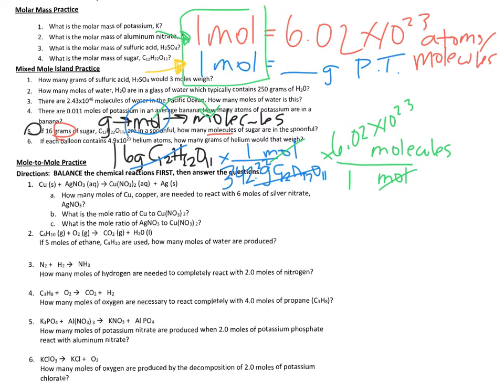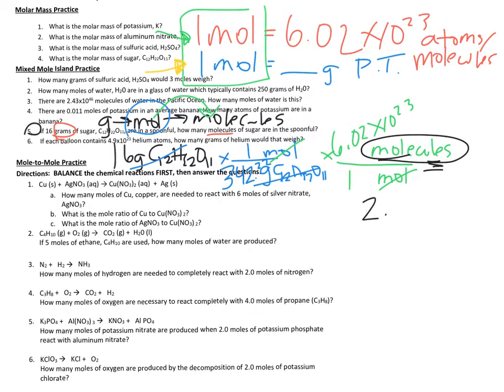So when we do the math, we multiply 16 times 6.02 times 10 to the 23rd, and then we divide it by 342.22. We're going to get a gigantic number because remember we are ending with molecules, so it will be some number times 10 to some power. So let's do that real quick.